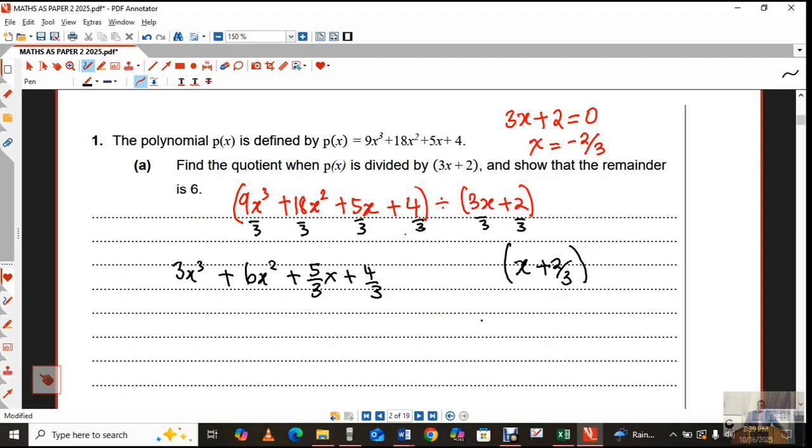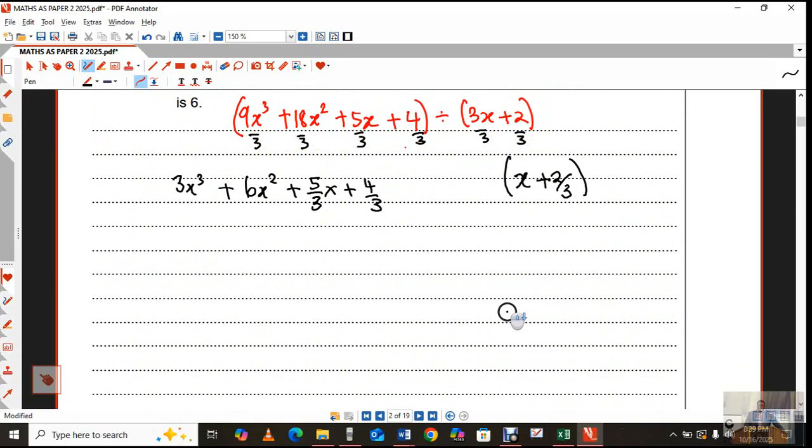There are many ways you can do this. So I'm just going to go ahead and write the coefficients of this, and they are in descending powers of x, so everything is fine.